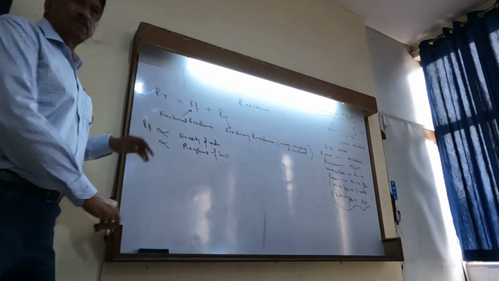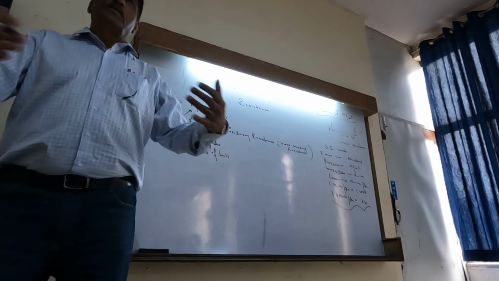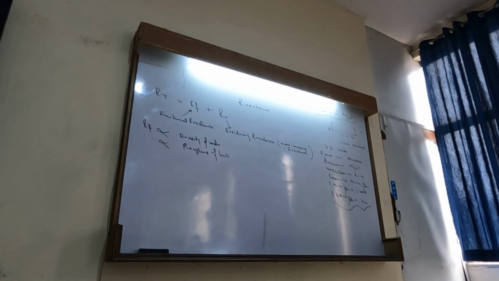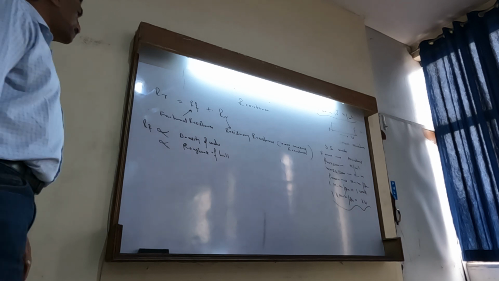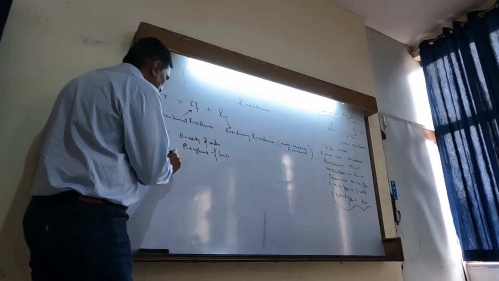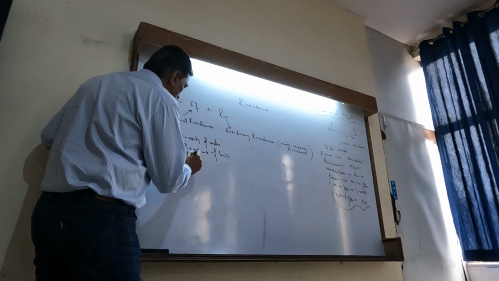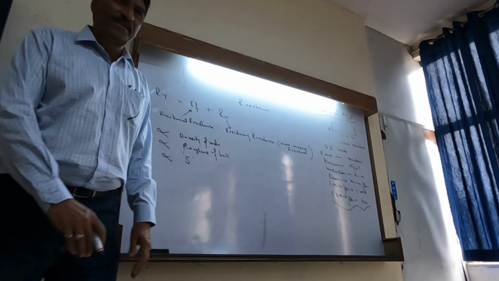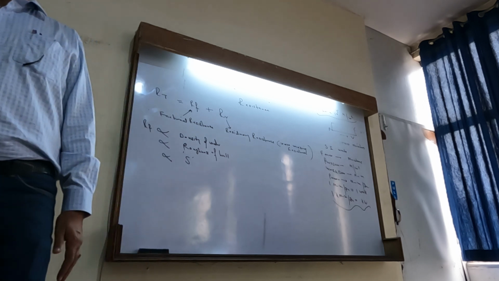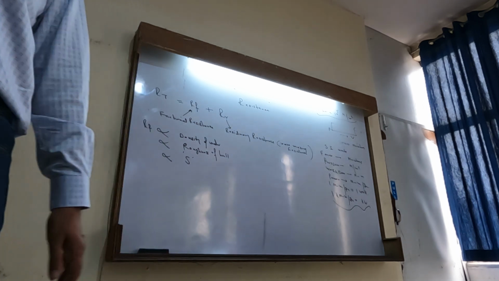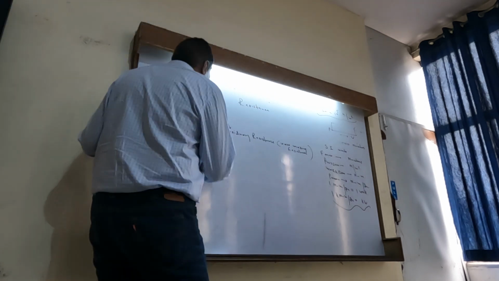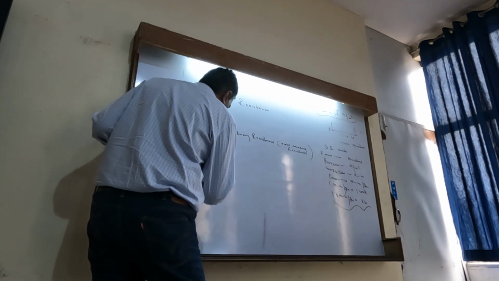The more rough the surface, the higher the resistance, the more the frictional resistance. It also depends upon S. S is the wetted surface area. The more the wetted surface area, the more the resistance.